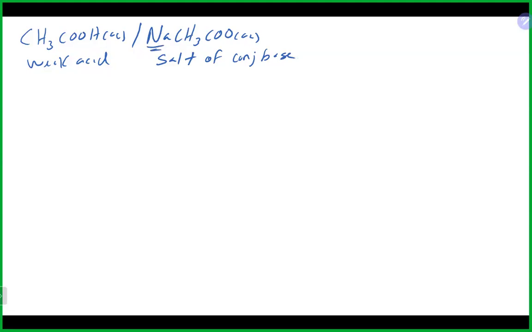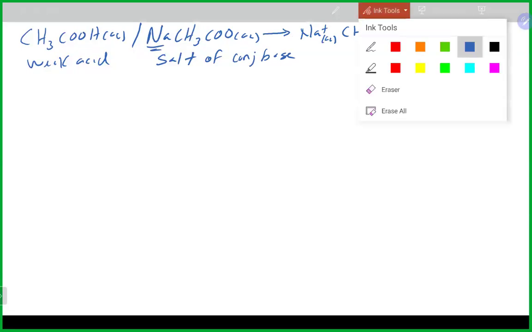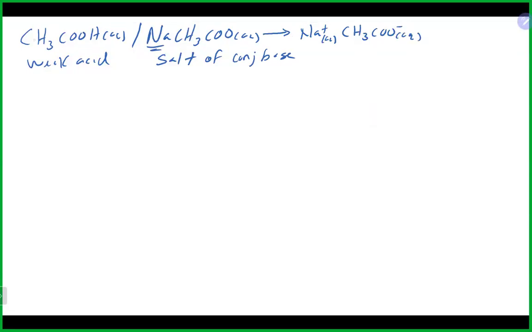A salt is an ionic compound. What the sodium acetate is really is sodium ions and acetate ions. And the sodium here is really not doing anything other than just floating around, having a good time. The actual buffer component here is the acetic acid and the acetate. That's the actual buffer part of the solution, these two together.